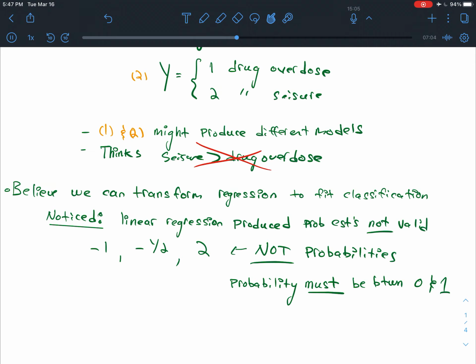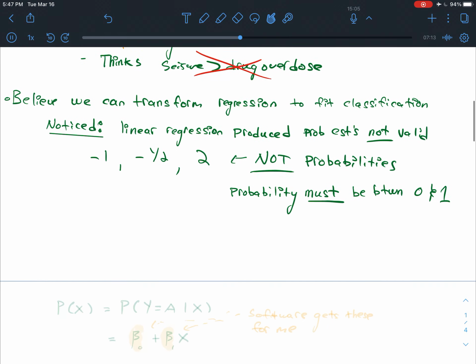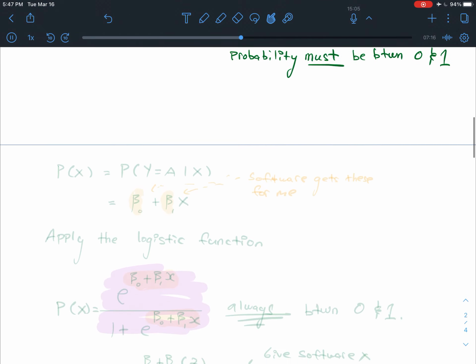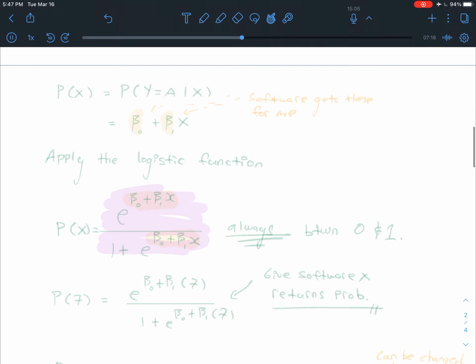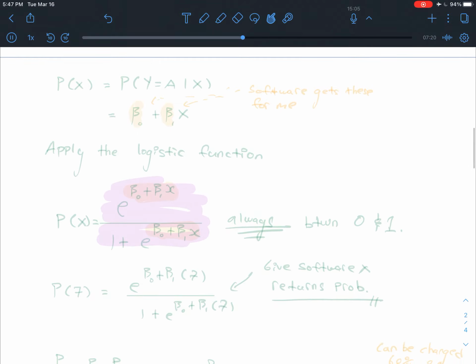So how do we transform the linear regression to make sure that we always return valid probability estimates? To do that, we're going to apply the logistic function. We'll start by remembering what a linear regression looks like. Let's pretend we were going to use the linear regression to predict these probability estimates. This P of X is just going to be the probability that Y is equal to group A, given our data. Let's say I use a linear regression to model this probability.